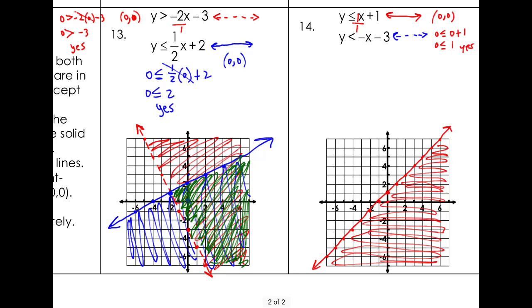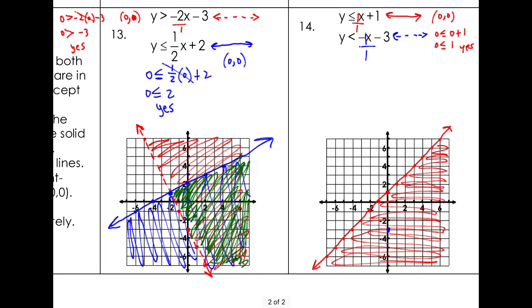Okay. Let's graph our next line right here. So we have a -3 for the intercept. That's going to be right down there. Our color is blue, so blue is there. And then we have a negative x, so we know that's a -1 over 1. And so that should be a negative slope, going down from left to right.